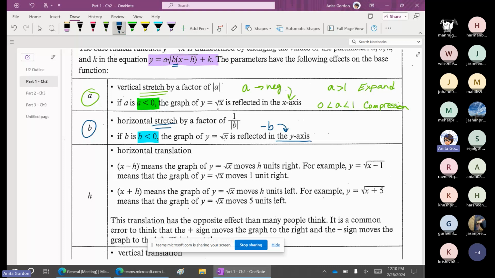The factors now are going to look different. If we have a B value between 0 and 1, so it looks like a fraction under the radical, what do we call that? An expansion, right? X is always doing the backwards thing. And then if B is greater than 1, we have a compression.